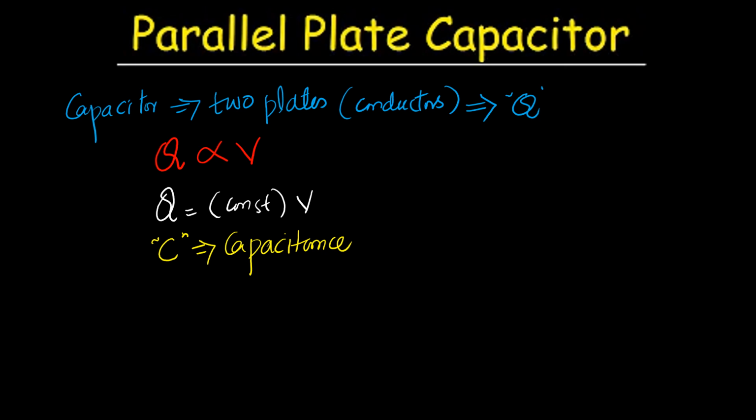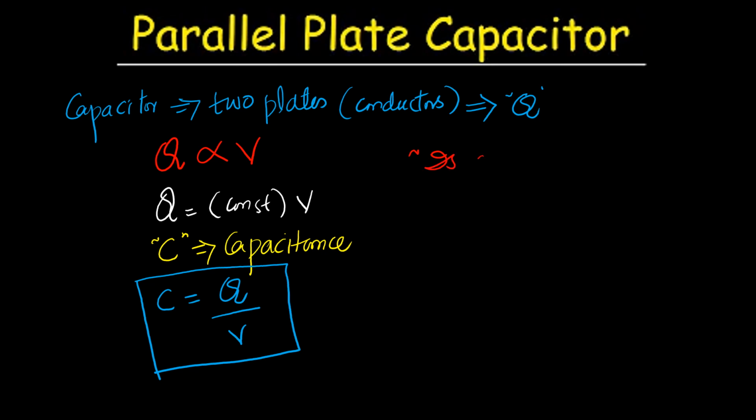The capacitance of a capacitor is the ratio of the charge stored in a plate of the capacitor to the potential difference created between the plates of the capacitor. So we can define capacitance as the ability of a capacitor to store electric charges.